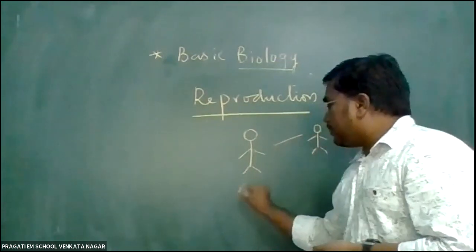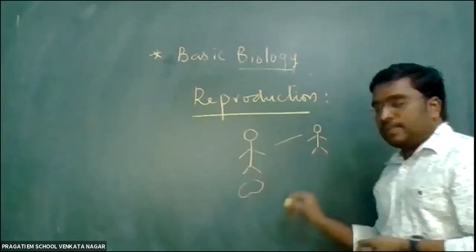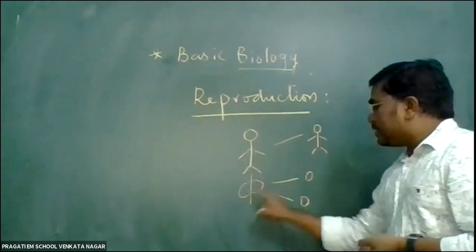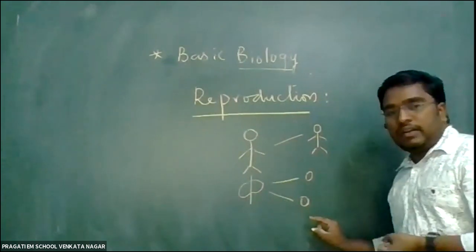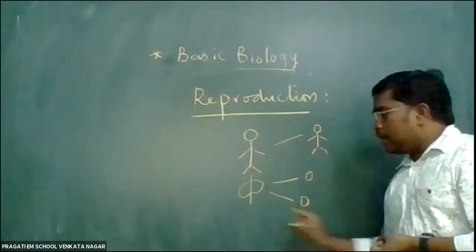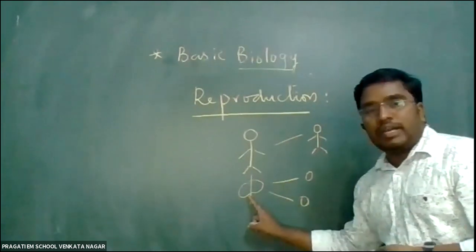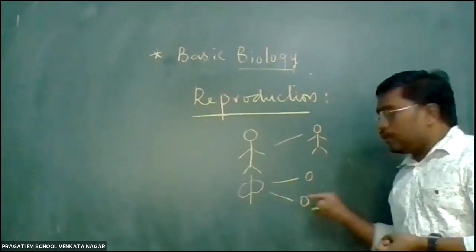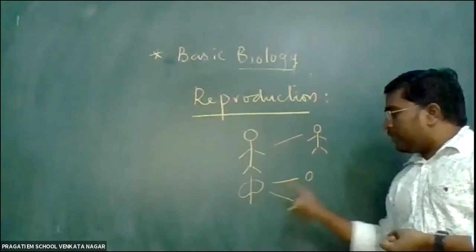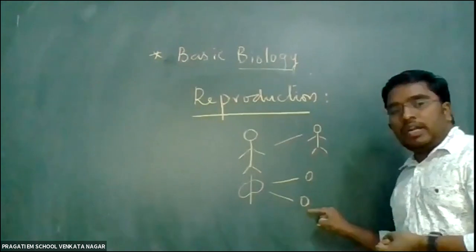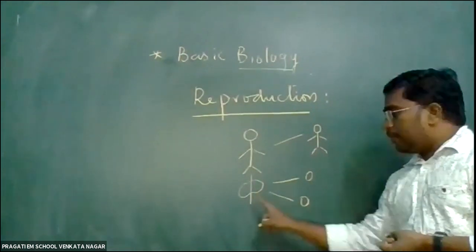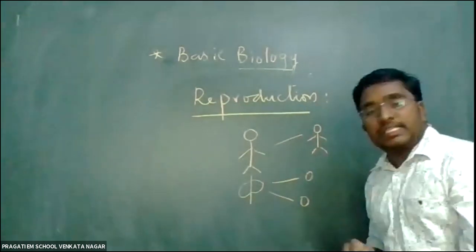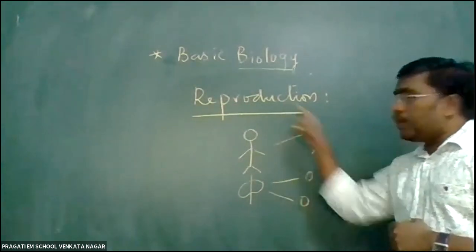In a unicellular organism, a new organism is produced by splitting. In 8th class we learned that in reproduction, the unicellular organism splits into two equal halves, so the organism converts into two individual organisms. The process of making offspring or new organisms is nothing but reproduction.